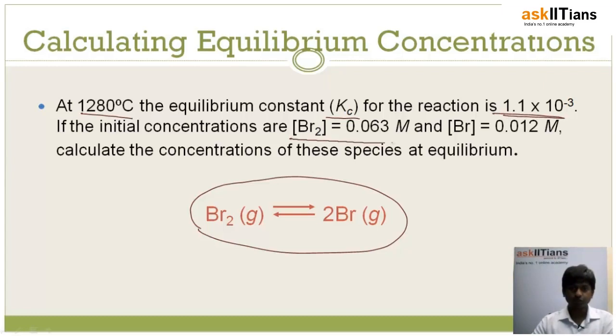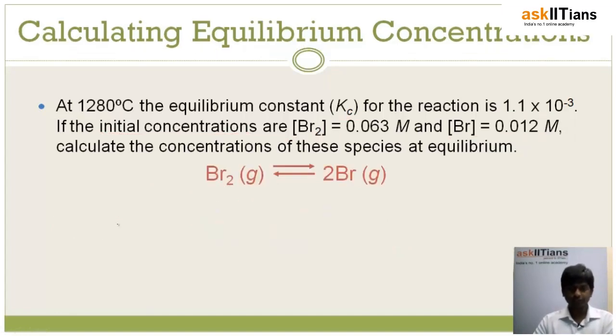The concentration of molecular bromine and of atomic bromine you know in molarity, but these are the initial concentrations, not the equilibrium concentrations. So you cannot put them in the Kc equation, because these are initial concentrations. Let us see how to solve these kinds of questions.